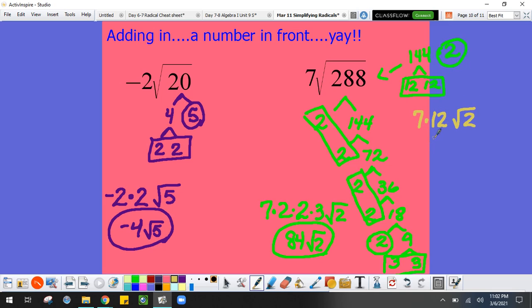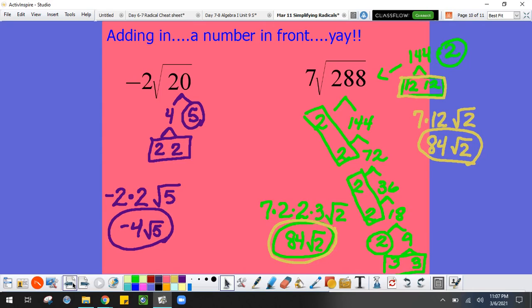But guess what? 7 times 12 is 84. So either way, whether you spread it all the way down to prime numbers, or you spot the perfect square along the way, I spotted the perfect square 12 times 12 a little bit sooner, you still get 84 radical 2. This is the last example for the video.